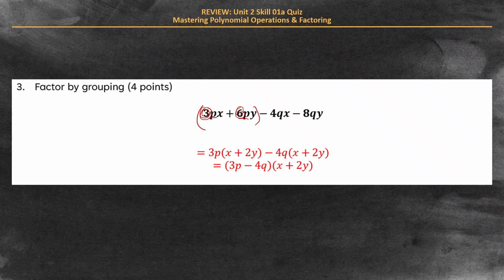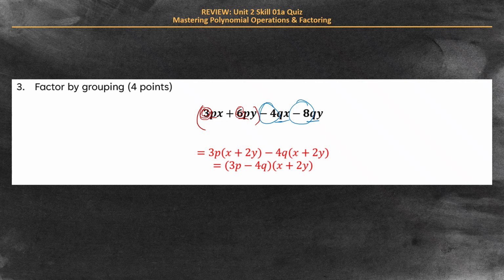So we're going to take out the 3p. And then we have x plus 2y. Now for the second one, let me change the color. So in blue, we have negative 4 and negative 8, also negative 4. So we have negative 4. And the variable, we have q. So negative 4q, we take it out, and x becomes positive. And this becomes 2y, but it's positive because we took out the negative.